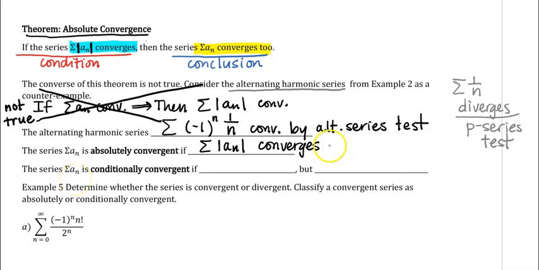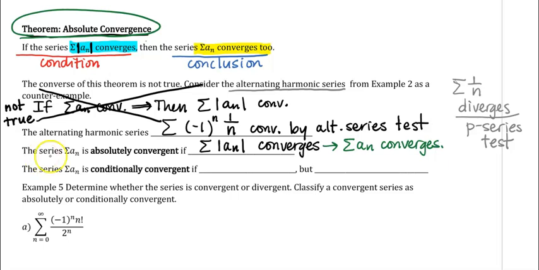Mind you, from the theorem above, we know that an absolutely convergent series implies the series without absolute value bars converges as well. So if a series is absolutely convergent, it is also convergent without the absolute value bars.